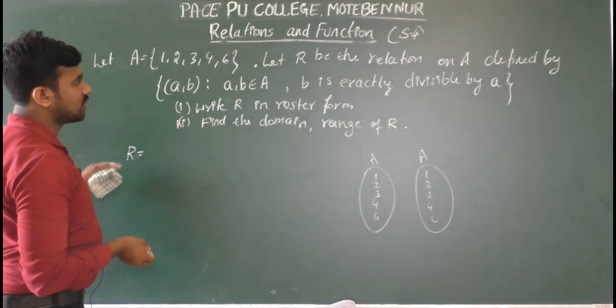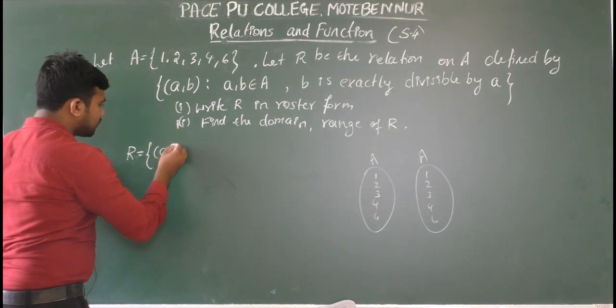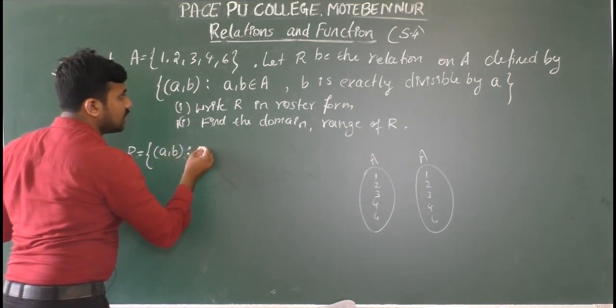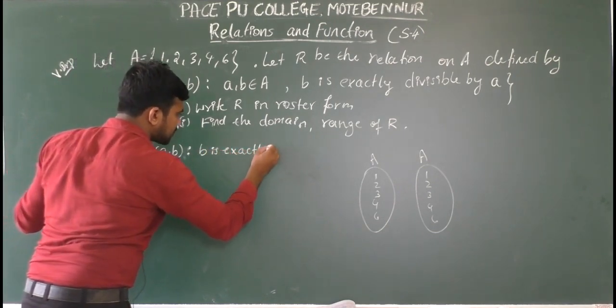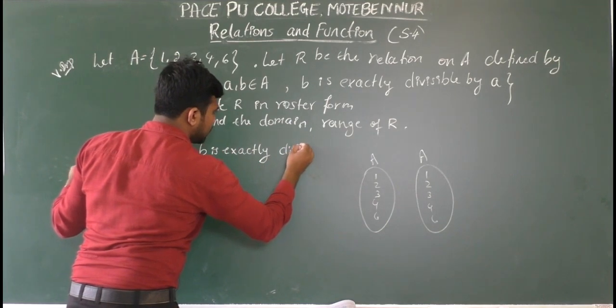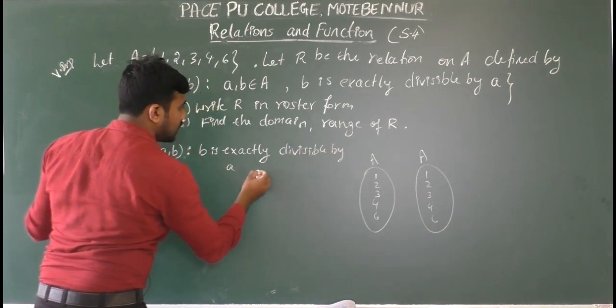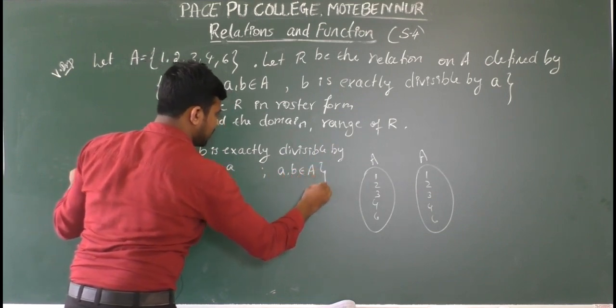R is a relation defined such that R is equal to the set of all ordered pairs (A, B) such that B is exactly divisible by A, and (A, B) belongs to A only. Okay.